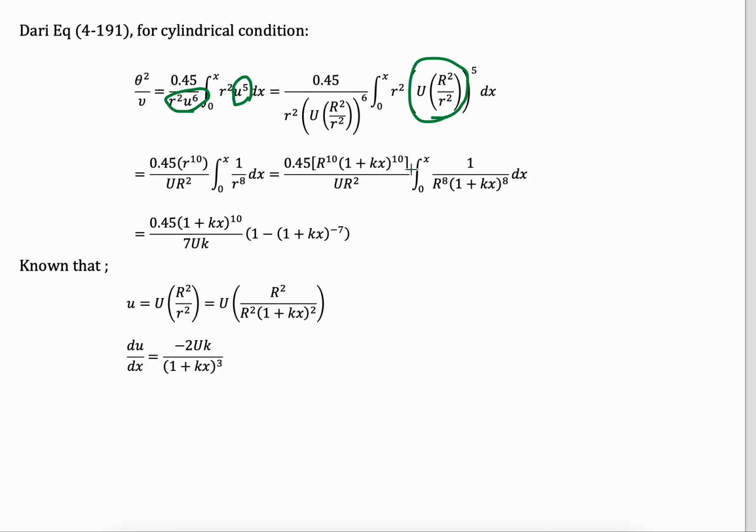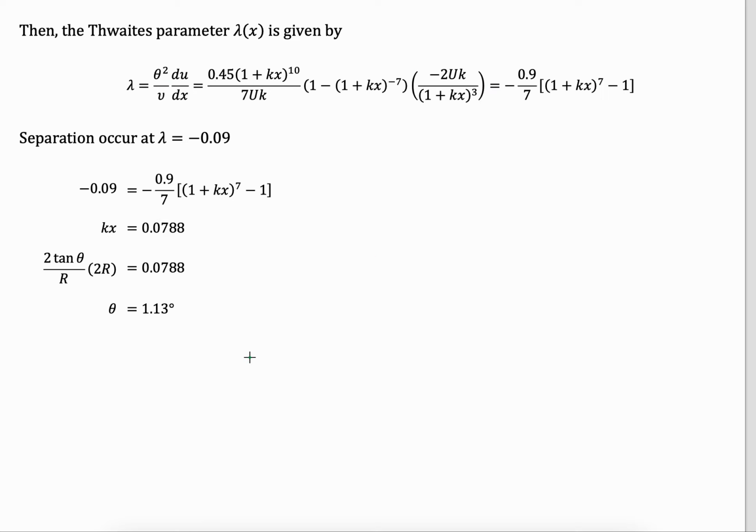We change the term into 1 plus kx to the power of 10. After we multiply, we solve the power of 5, so we have this term, and finally we have this one. We know that u is equal to this, so we differentiate to get du/dx.